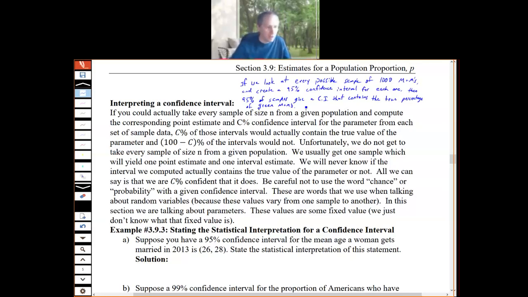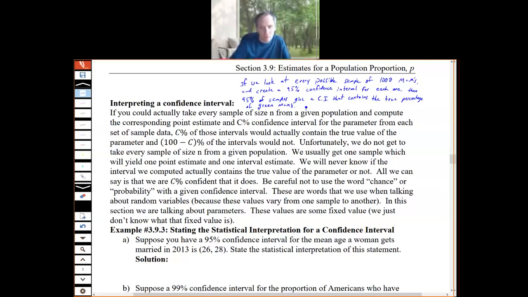The point is that even when we do everything right, our sample might not be a good representation of the population. It might be far enough away or unique enough, the particular bag that we pick. If you imagine all the M&Ms in the world in a giant bowl, and I take a scoop out of that bowl, even if only 15% of all M&Ms are green, it's possible that when I take a scoop, every M&M in my scoop is green. It would be really rare, but it's possible.